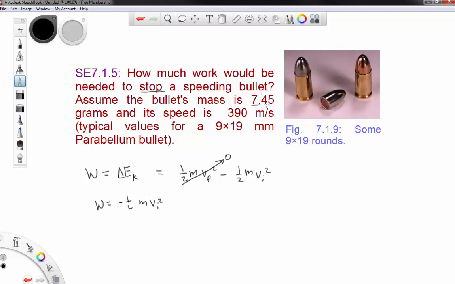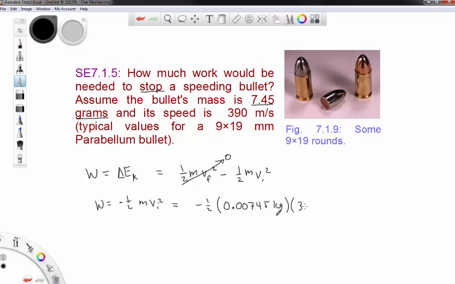Actually, the last example. This is the mass, 7.45 grams. We actually need to convert that mass into kilograms. So this right here becomes 1/2 times 0.00745 kilograms rather than 7.45 grams.